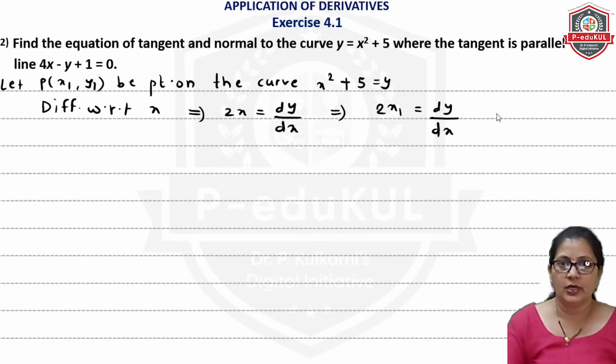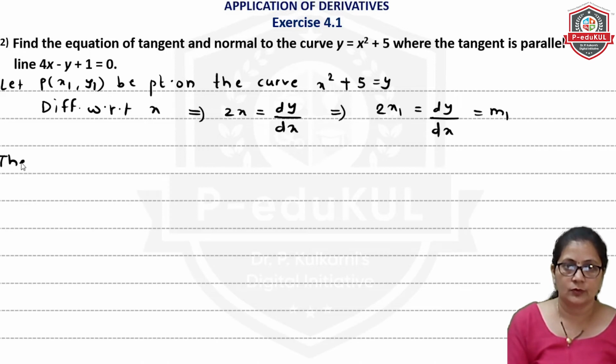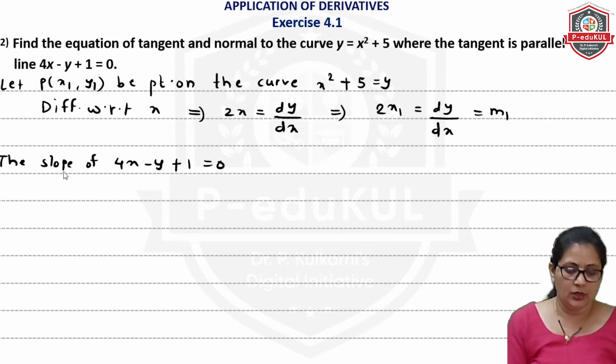Now this is my slope 1, m1 is equal to 2x1. Now I will calculate the slope of this line. This will be m2 is equal to what? Minus a by b.